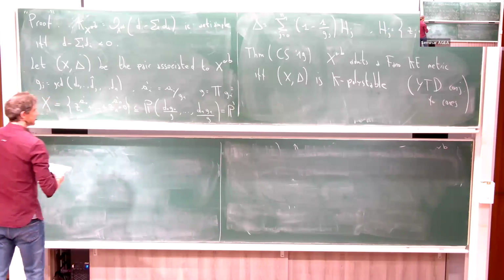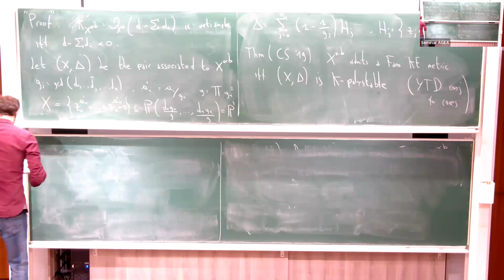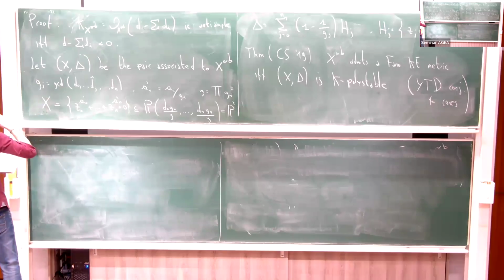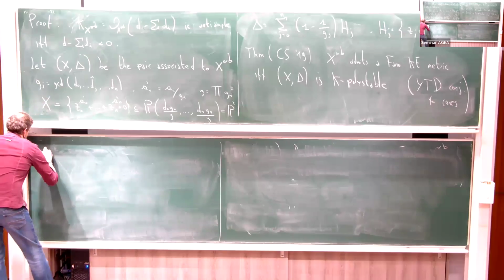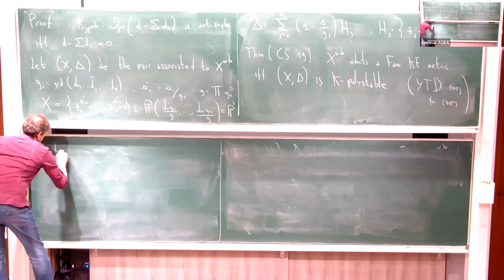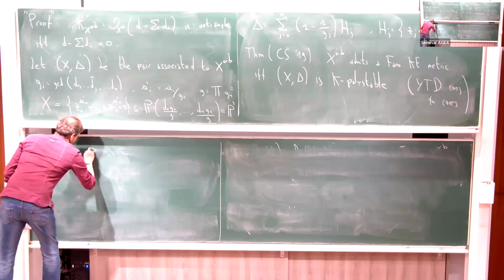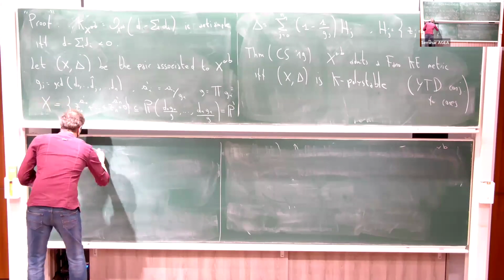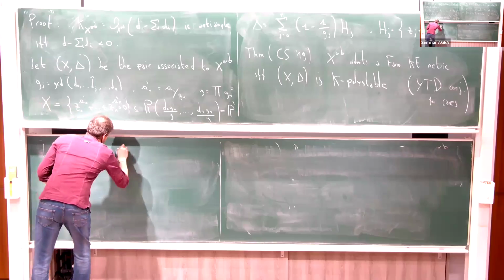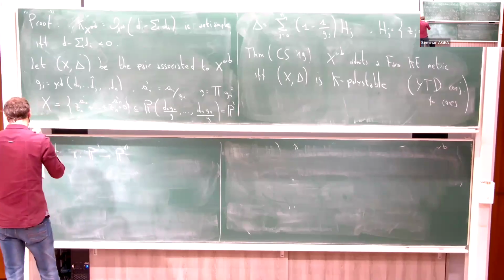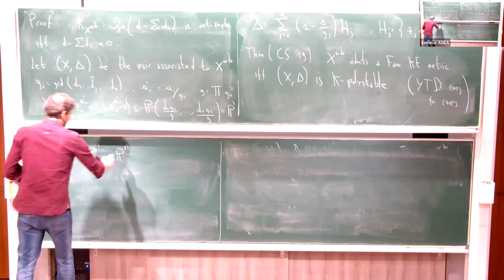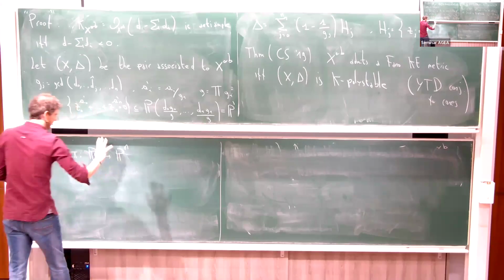Now let's prove that X delta is K-polystable. And this is a bit of a trick here. This is just the standard projective space of dimension n.